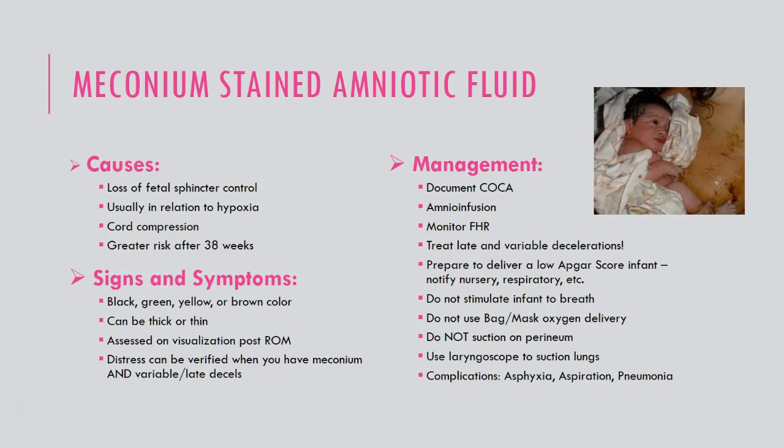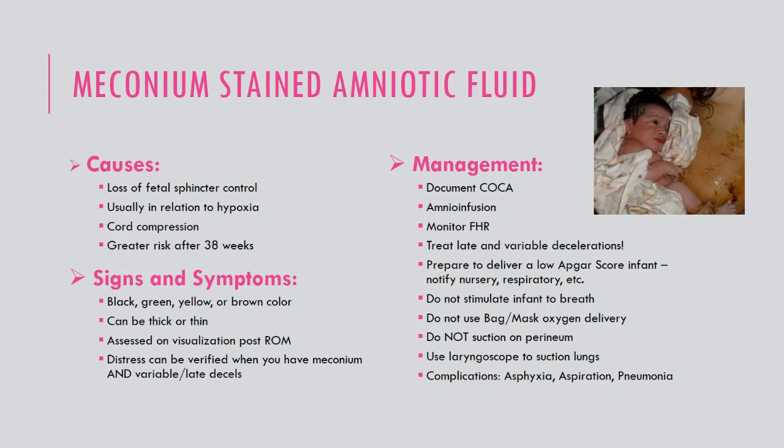When the membranes rupture, you'll notice that the amniotic fluid could be black, green, yellow, brown in color. It might have particulate mixed in with it. It can be thick or thin. And that's one reason why we assess the color of amniotic fluid upon rupture of membranes.